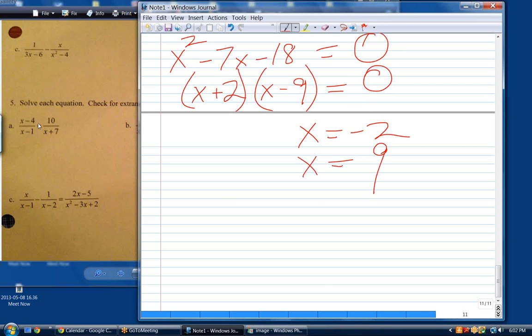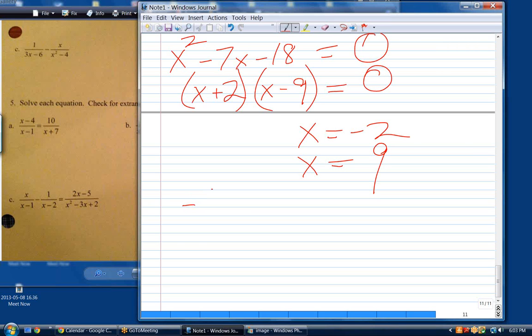Does either of those solutions present any problems? Well, we probably ought to plug them in and make sure that both of them work. When you put in minus 2, what does the left become? What's minus 2 minus 4?